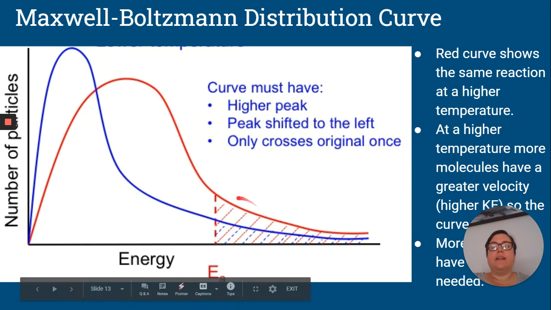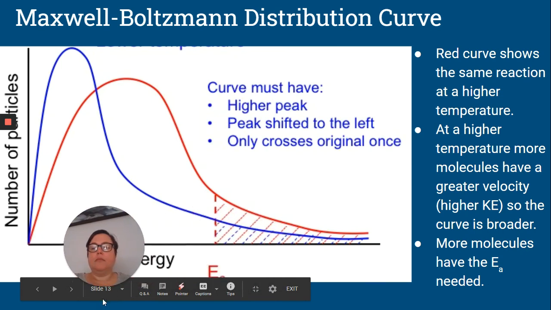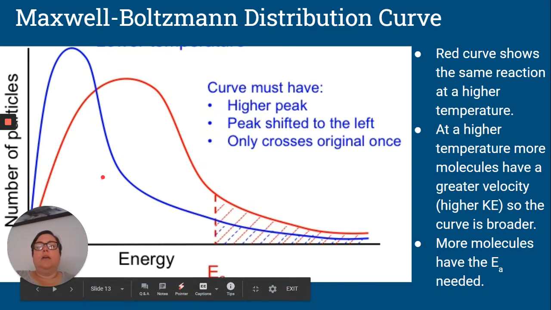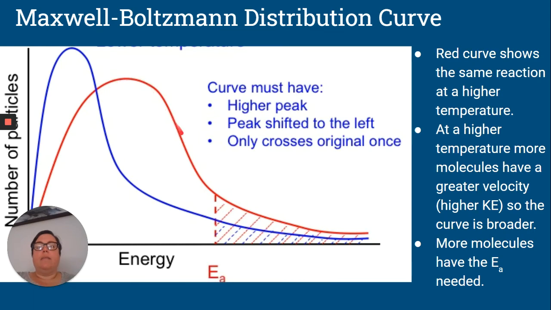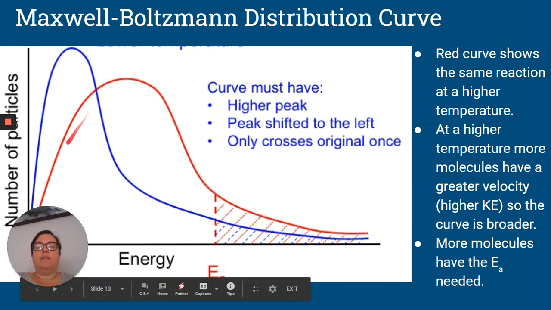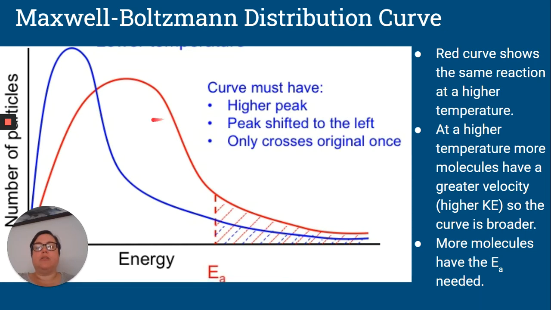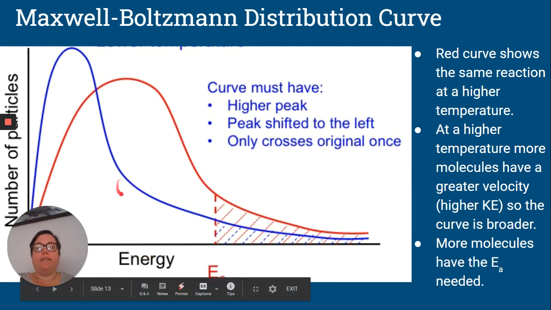Now there are two curves on here representing two different temperatures. The red curve, or the second curve here, is wider, and that shows that it's at a higher temperature. At a higher temperature, you have more particles with this amount of energy. So that's why it looks like a wider curve.